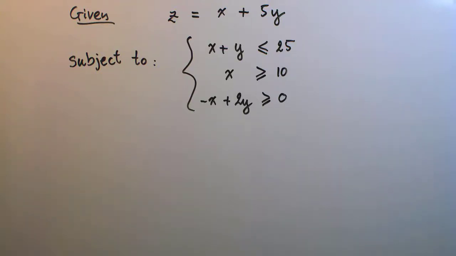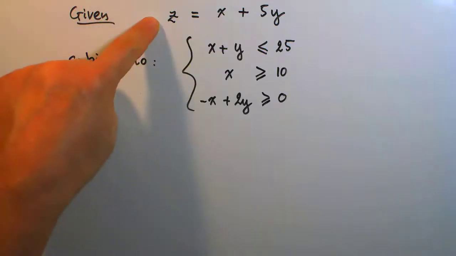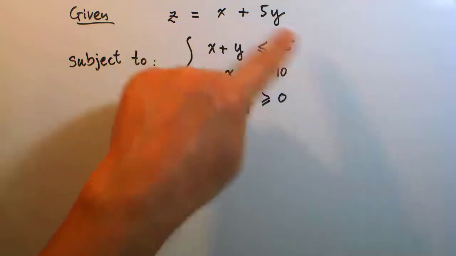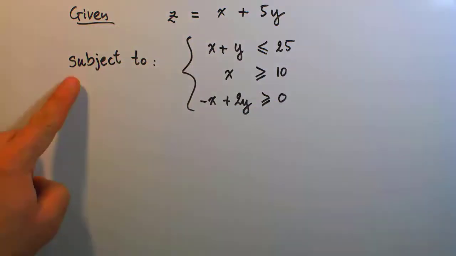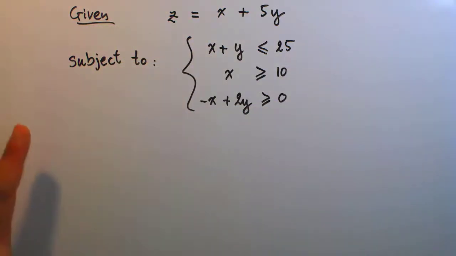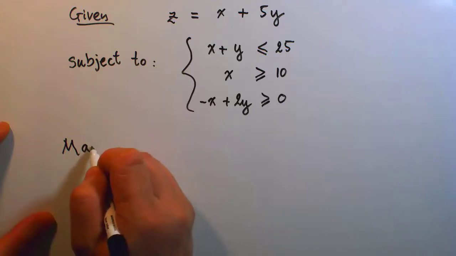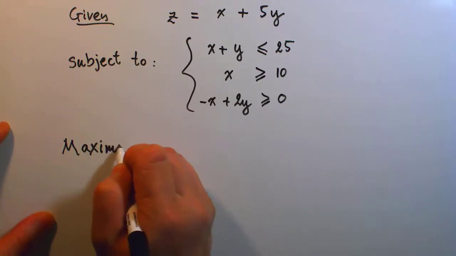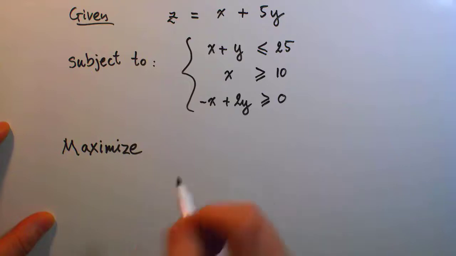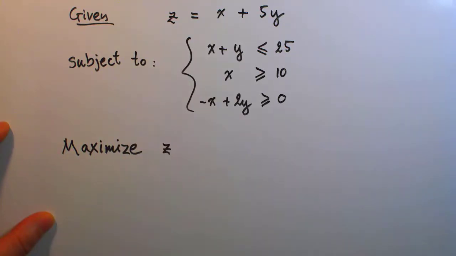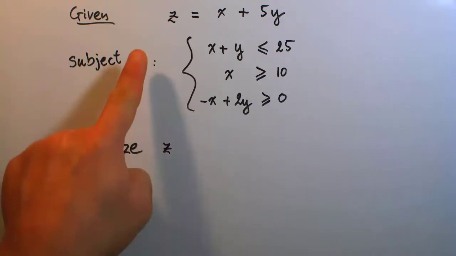How about in our current function, z as a function of two variables equals the x variable plus 5 times the y variable, subject or limited to these constraints, then the real big application here is we would like to maximize z, maximize our function.